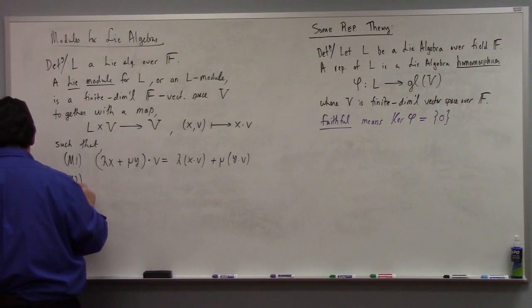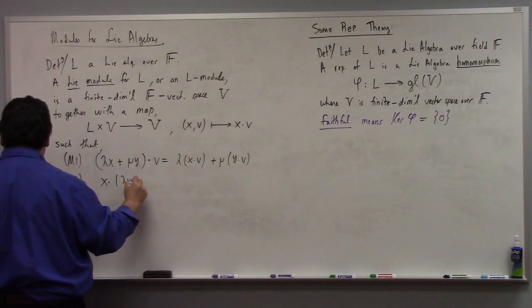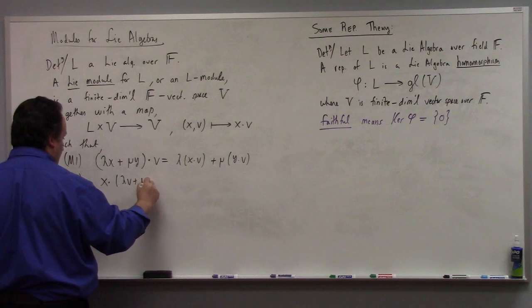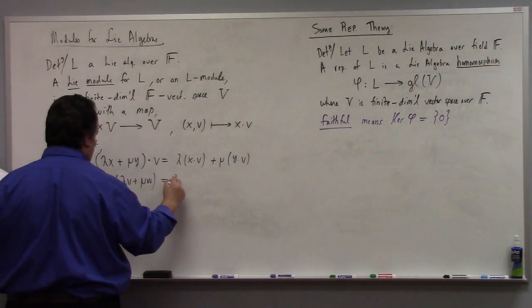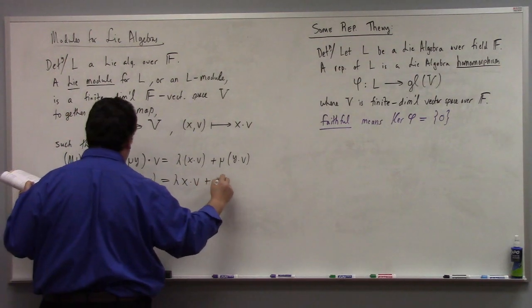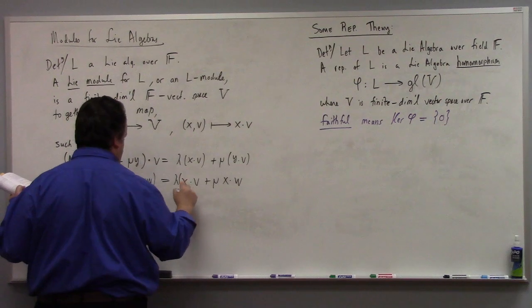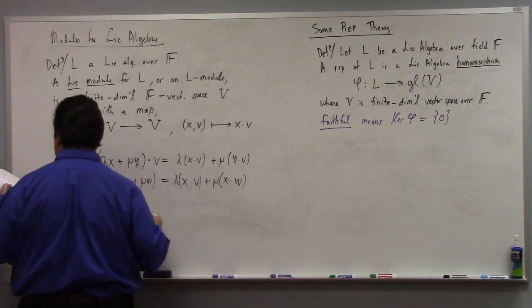Module axiom 2, M2: x dot lambda v plus mu w is equal to lambda x dot v plus mu x dot w. Some parentheses as appropriate over here.